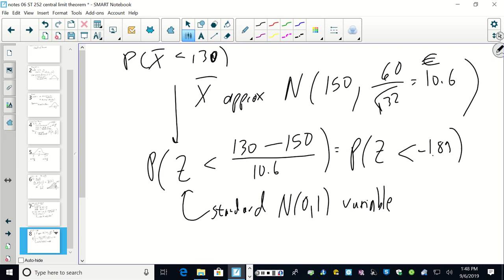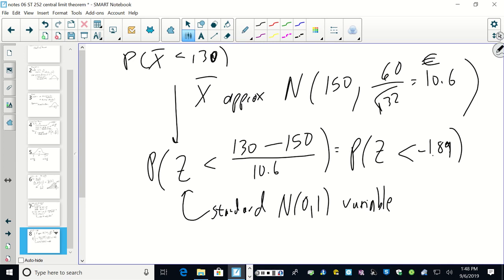It is a negative value because the average is 150 and we're asking about less than 130. Maybe that's a critical cut point in terms of paying bills, or having enough money saved up to take a month off between working and going back to something else. Who knows?